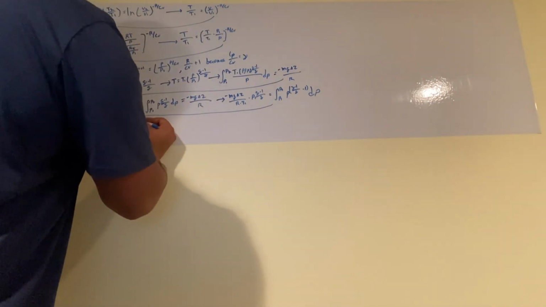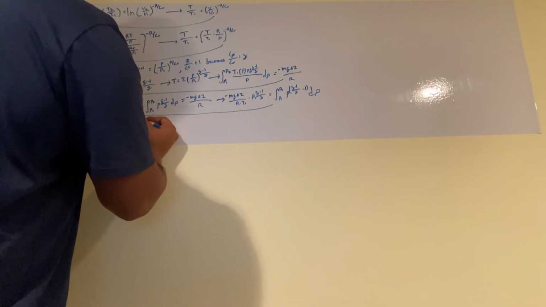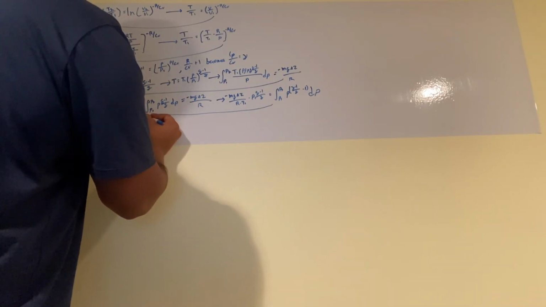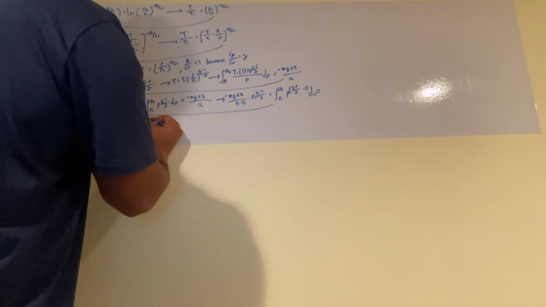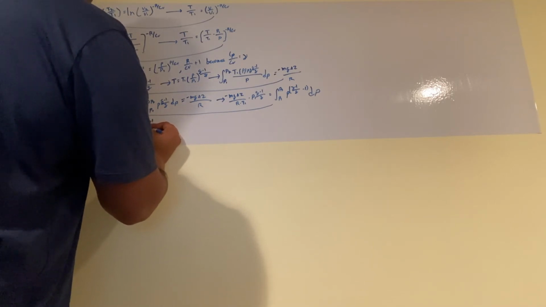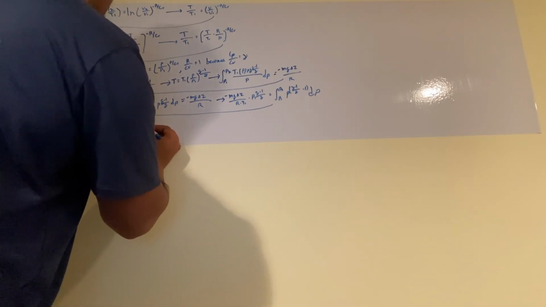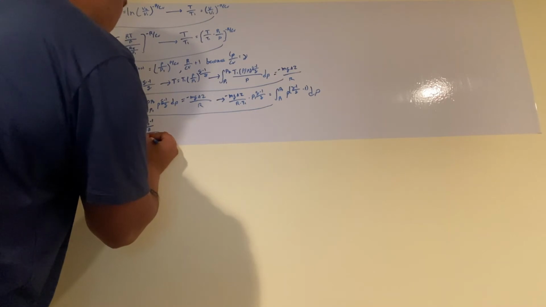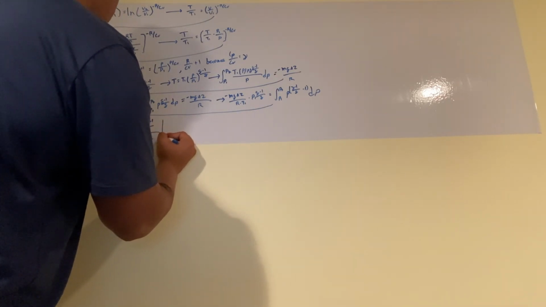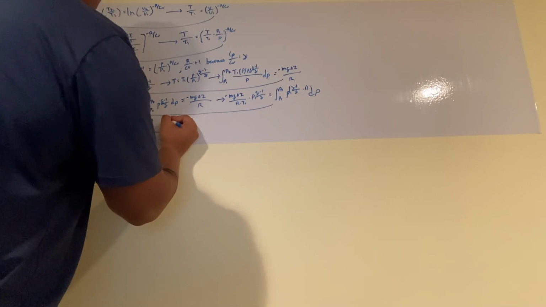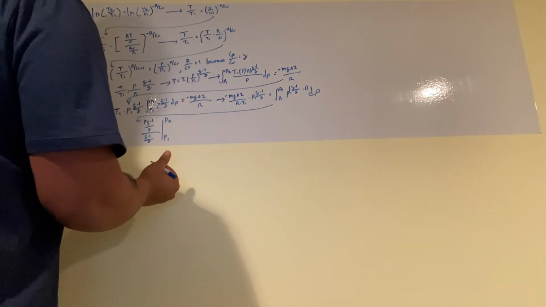So this integral equals P raised to the gamma minus 1 over gamma, over gamma minus 1 over gamma, from P1 to P2.